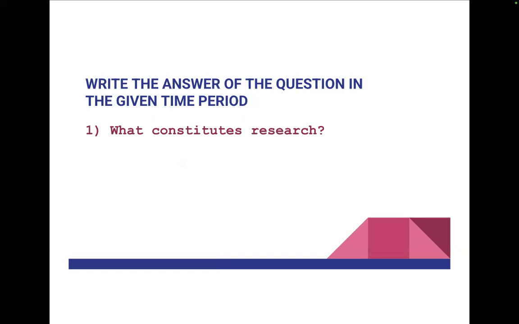Okay, so now the next thing you will do, as I told you in the beginning of the class, is that you will be given one question. You will write the answer, put your name and ID there, and submit it in our group. There is a group, Research Methodology. I think you all have been added to this group.